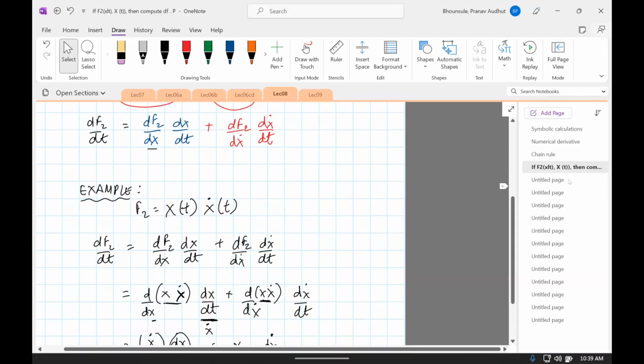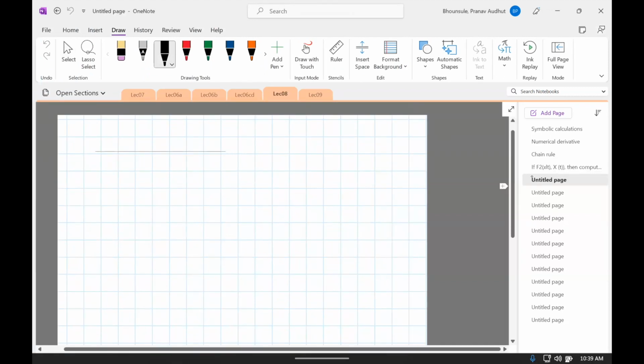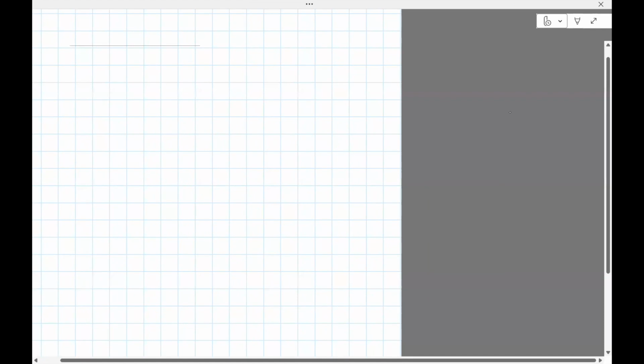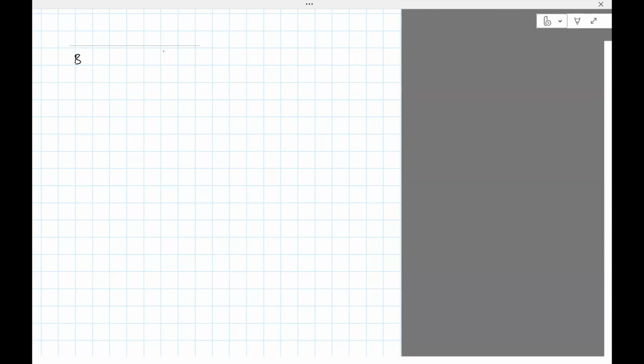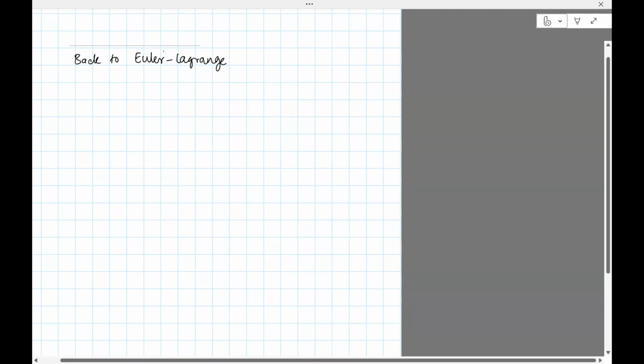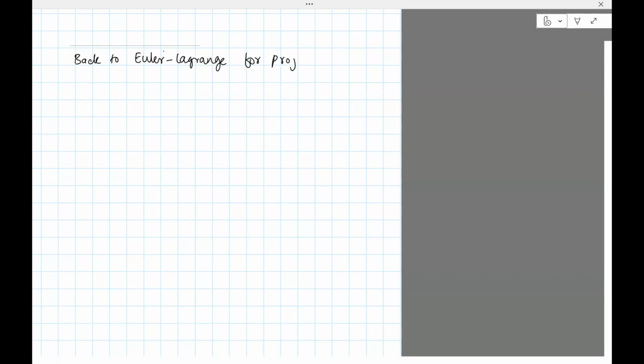Okay, the reason why we did all these things is we are now trying to get to deriving the equations using a computer program. So let's do this for the Euler-Lagrange equations, which are derived by using a symbolic package. Let's look specifically at the projectile.